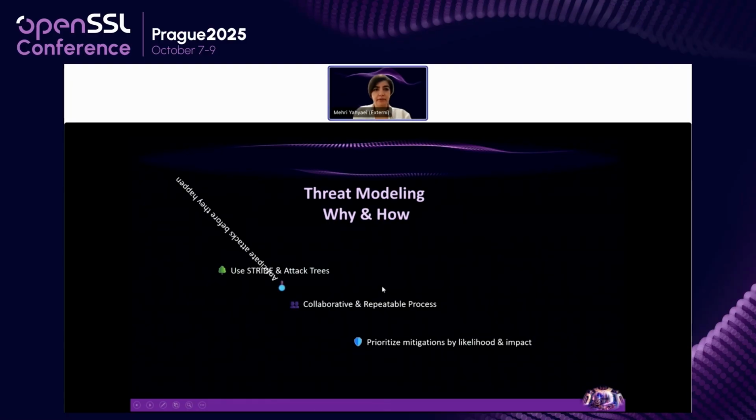Why should we do a threat model based on OpenSSL systems? Threat modeling is about anticipating attacks before they happen. I'm pretty sure that you know already. We'll focus on two main tools in this lecture, STRIDE and attack trees. STRIDE helps to categorize threats into six dimensions: spoofing, tampering, repudiation, information disclosure, denial of service, and elevation of privilege.